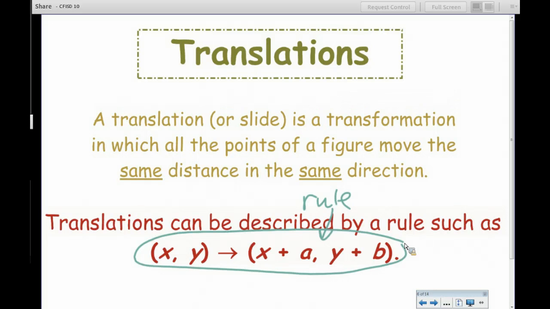The rule tells us how far to go and where to go. We're always going to be adjusting the x-axis, which would move it left, right, and then the y-axis, which would move it up, down. Okay.